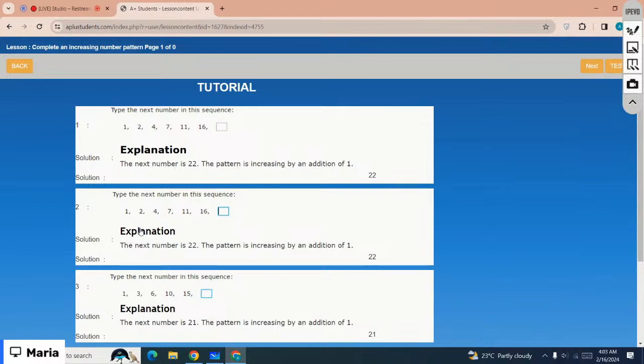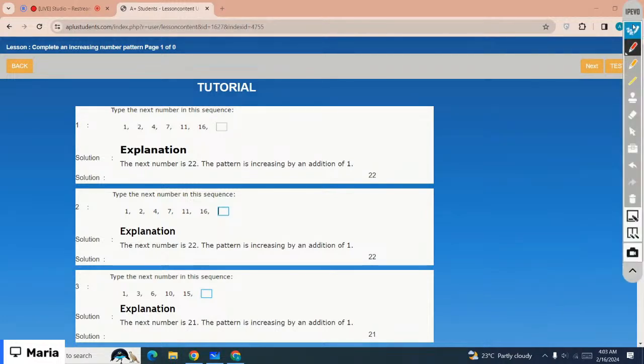The first one is 1, 2, 4, 7, 11, and 16. Let's see how they are growing. 1 plus 1 is 2, right? 2 plus 2 is 4. 4 plus 3 is 7. 7 plus 4 is 11, and 11 plus 5 is 16.